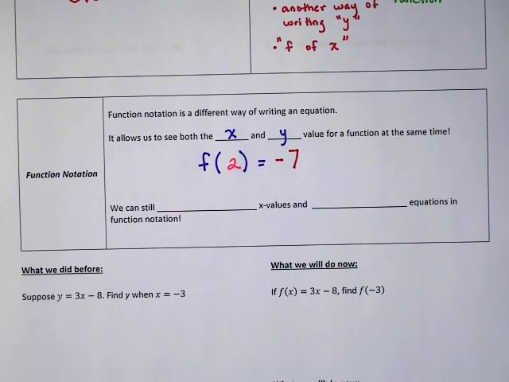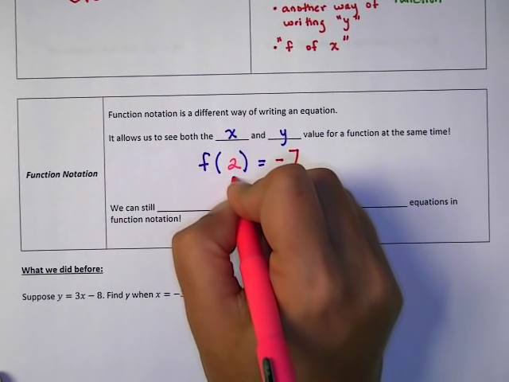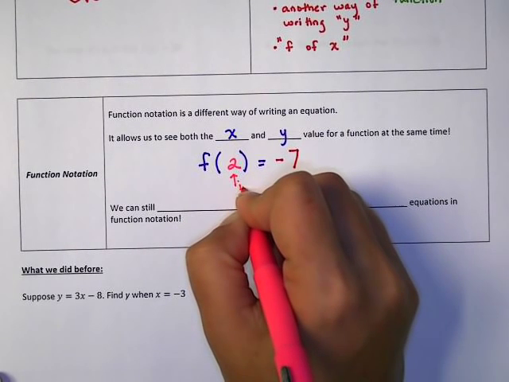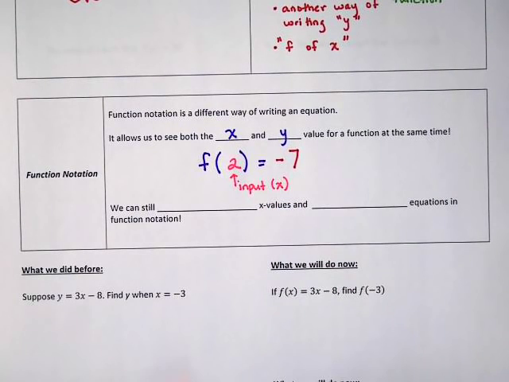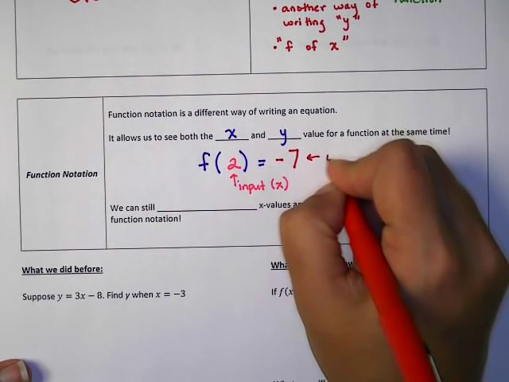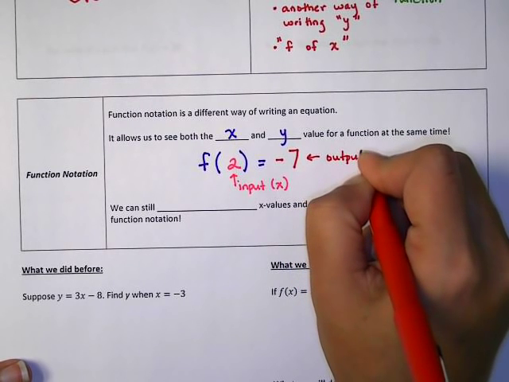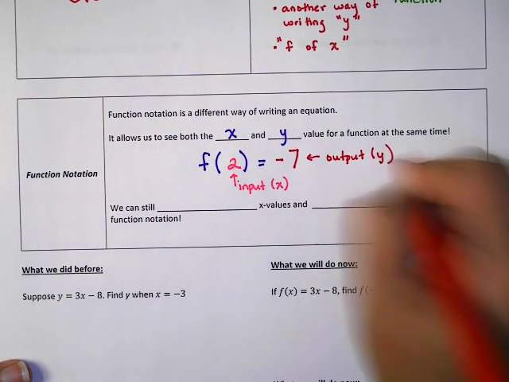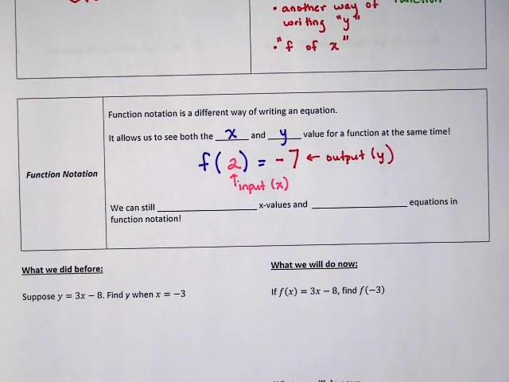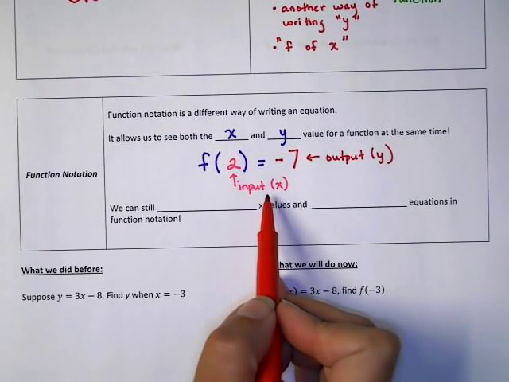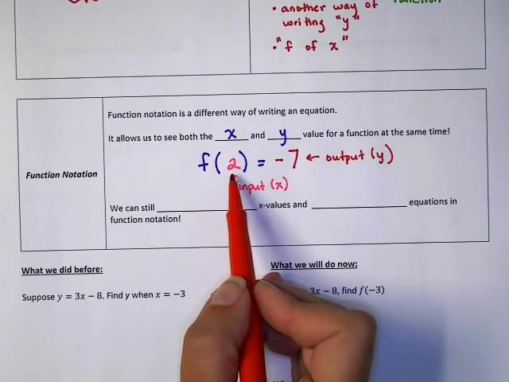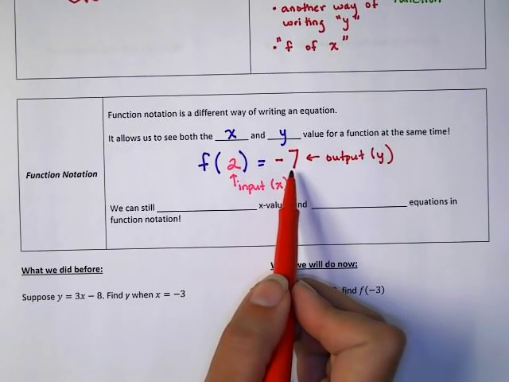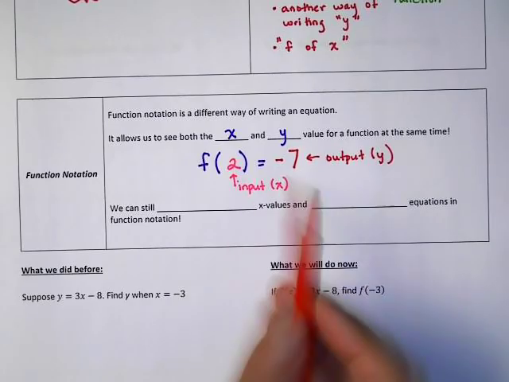When your answer looks like this, what we can see is that our input, or x value for this function, was 2, and our output, or y value for this function, was negative 7. The x is always the number that's inside of this parentheses, and the output is always the number on the right-hand side of the equal sign.